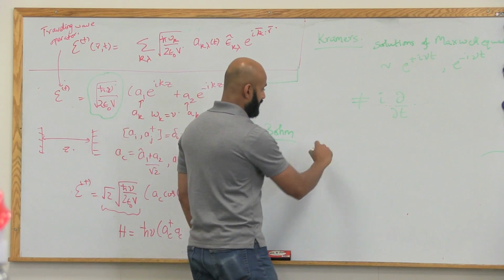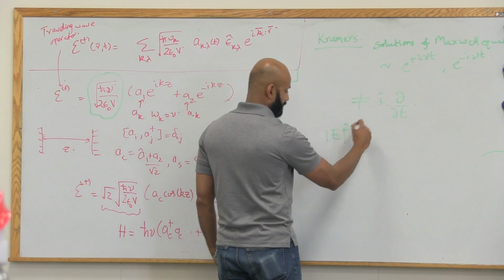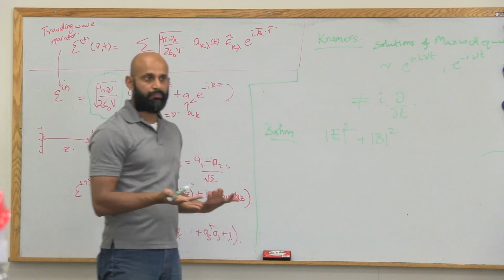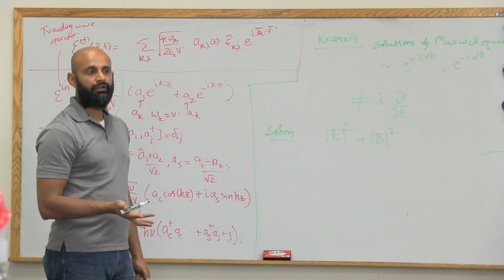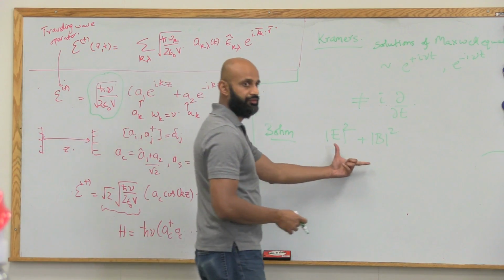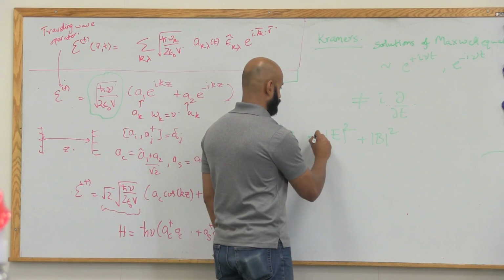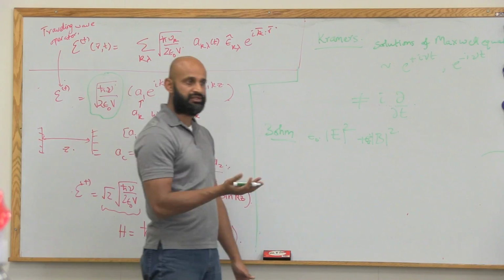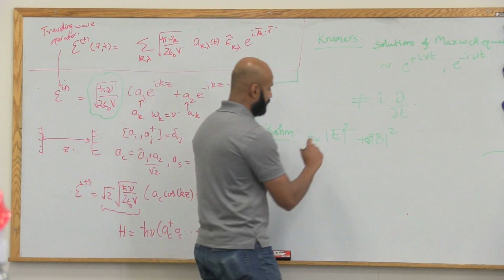Similarly, let me finish with one point that Bohm made: why can't we treat modulus E squared plus modulus B squared as a probability to find the photon at a point in space? Of course, if you multiply them by epsilon naught and epsilon naught c squared, these have dimensions of energy, so we want to divide by something.